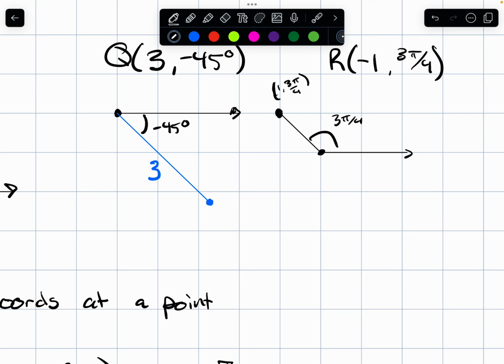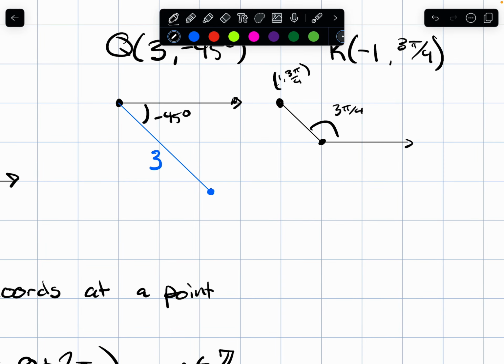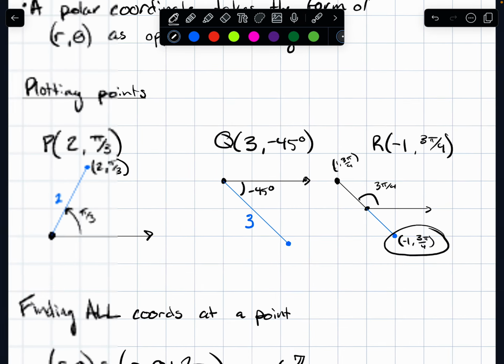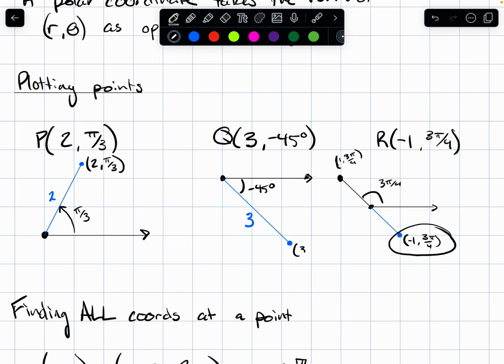So now this point here would be negative 1 comma 3 pi over 4. We'll get some practice with this idea in class, plotting these points and making sure we know what's going on.